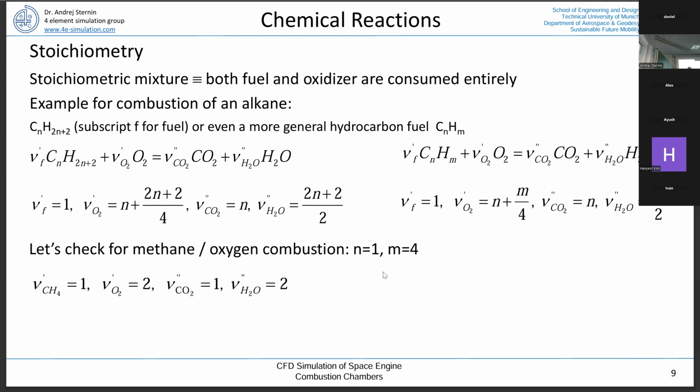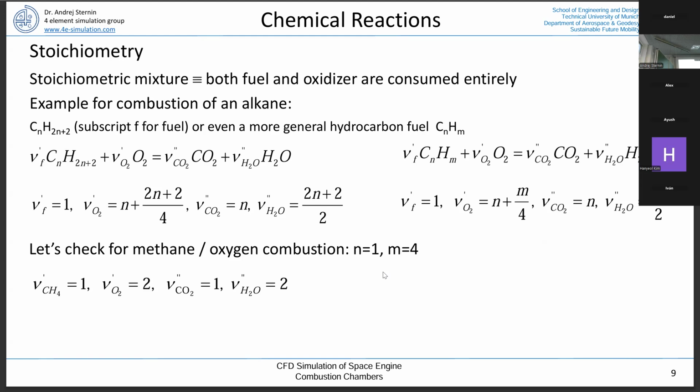Now, you quite often may find, I already mentioned that stoichiometry is in principle a sort of mixture of oxidizer and fuel where both of the molecules are consumed, meaning we have a certain amount of reactants which we throw into the system. All of them are consumed and converted into product. So this would be called a stoichiometric mixture.